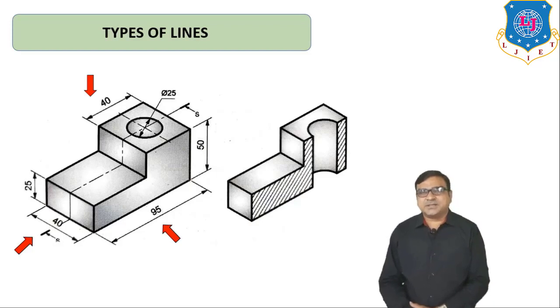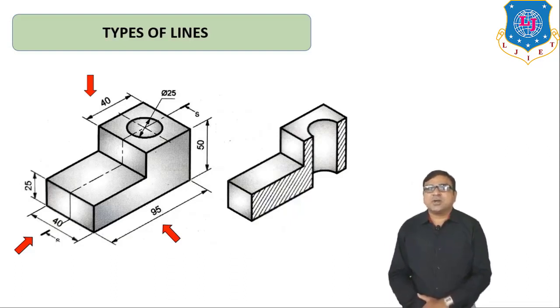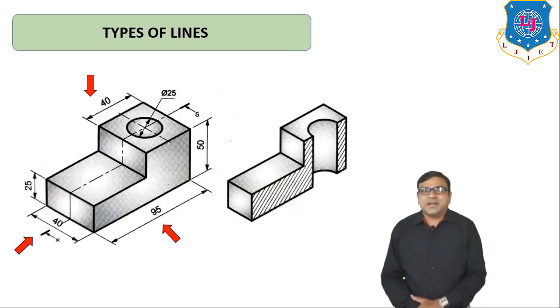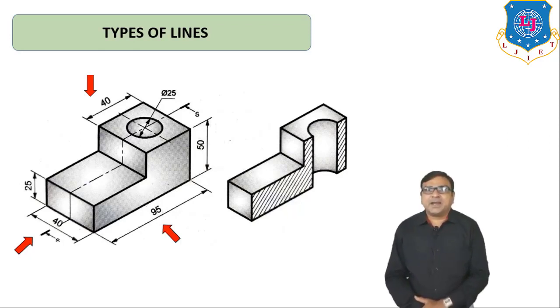Now in this object you can see the width of the object is 40 mm, total height of the object 50 mm. There is one circular hole of 25 mm diameter, and here the cutting plane line at the center, SS line, represents the cutting plane line.